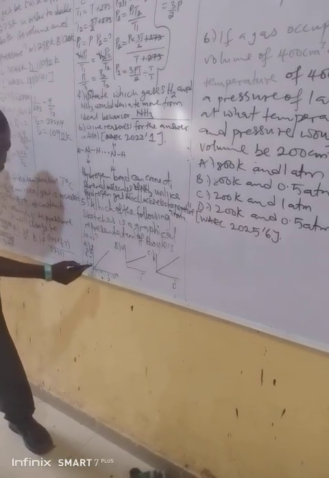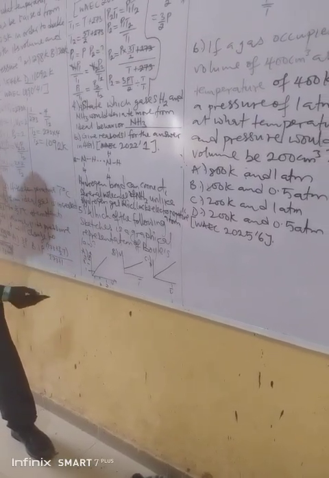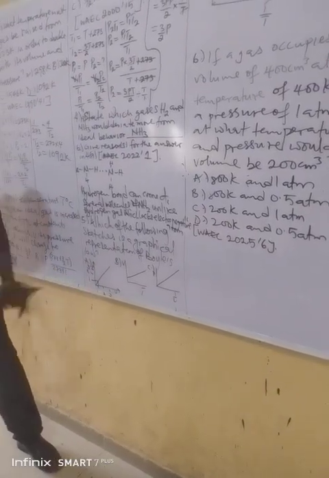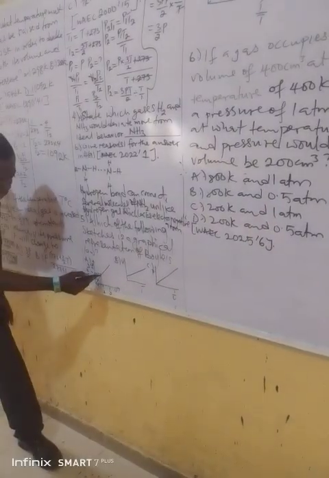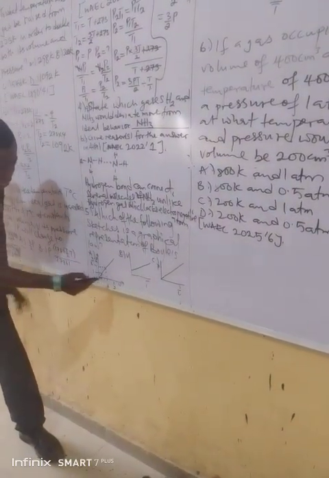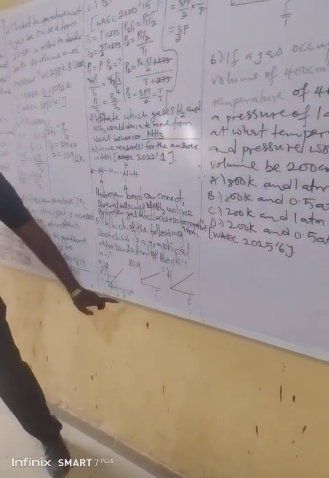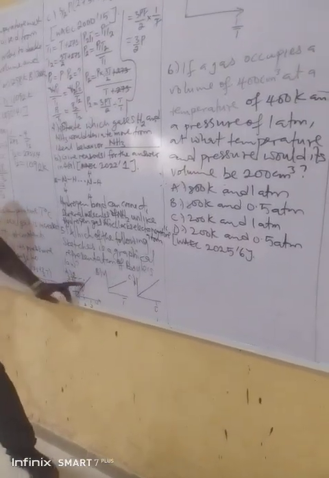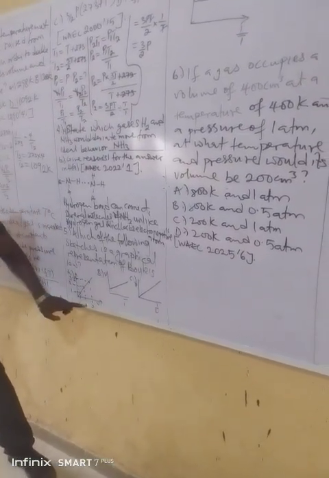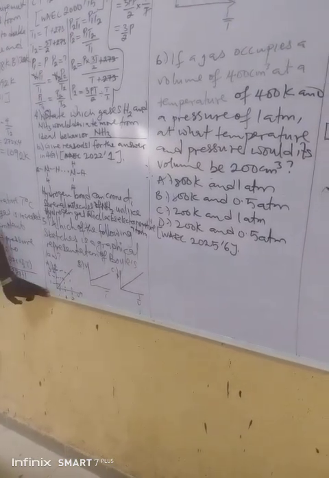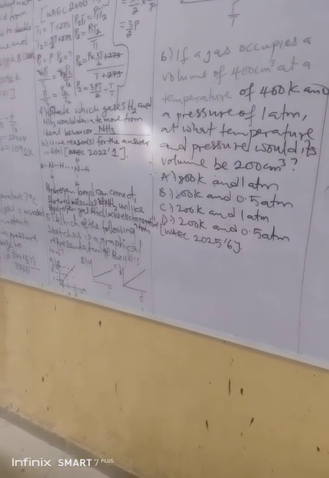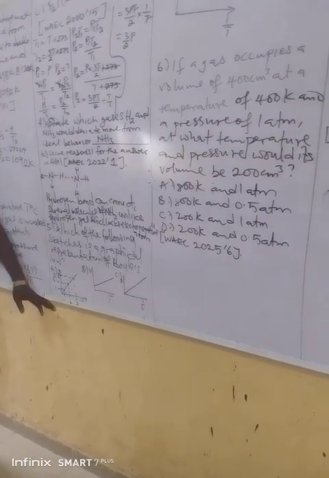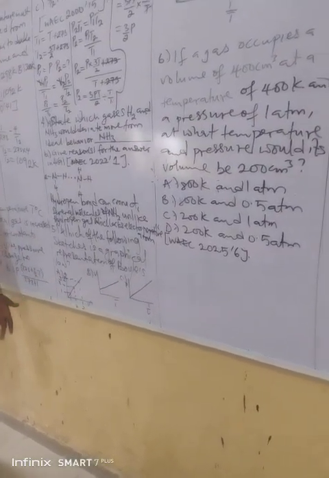You will see that when you are at 1, change it to the curve. Here, you will also be at 1. If you increase from 1 to 2, take it to touch the curve. Here, we also increase from what? 1 to 2. If you increase from 2 to 3, let it touch the curve. This one will also increase from 2 to 3. This one now is saying that Boyle's law says that the volume of a system of gas is directly proportional to pressure, which is not correct.